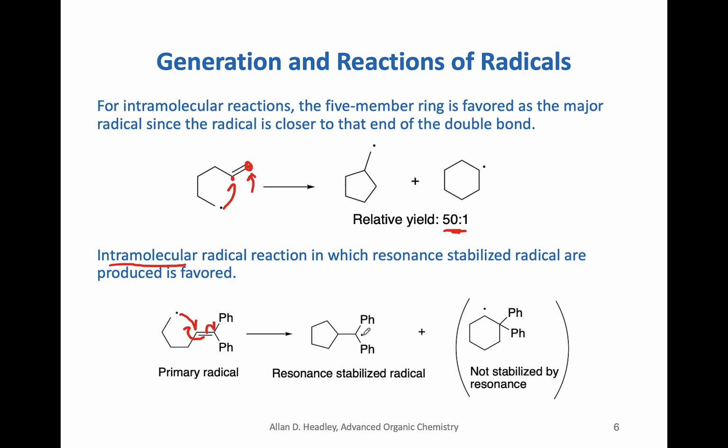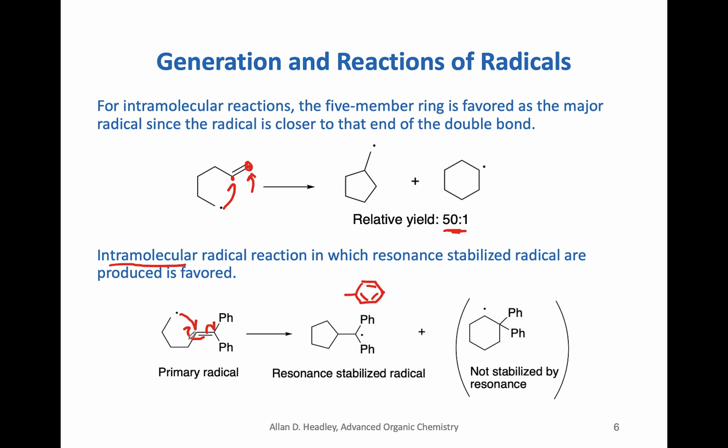You can see here, this is now resonance stabilized based on the phenyl group. You may recall that the phenyl group is really stabilizing, so the odd electron can be delocalized into the phenyl ring. The other is possible, but it's not as stable. So this is formed in abundance.